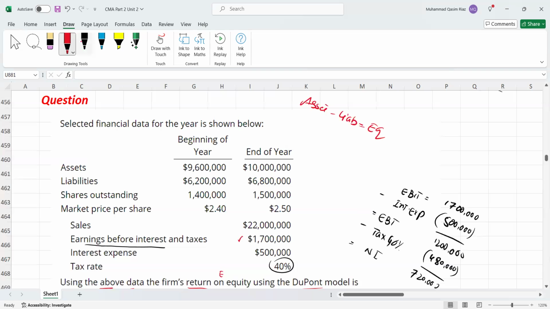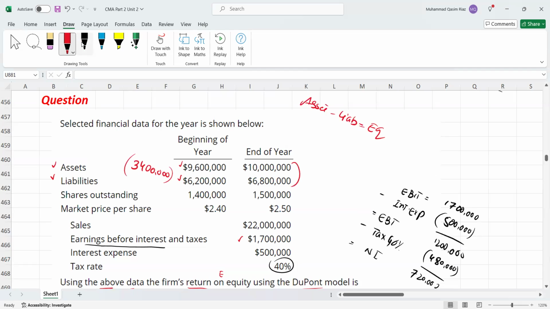Assets are given, liabilities are given, so I can find the equity value. Opening assets are 9.6 million and liabilities are 6.2 million. So opening equity is 3.4 million.